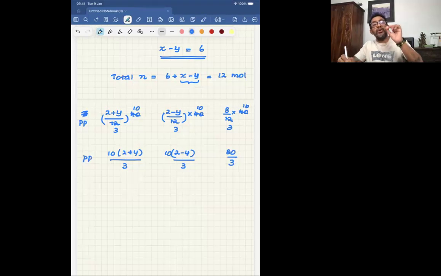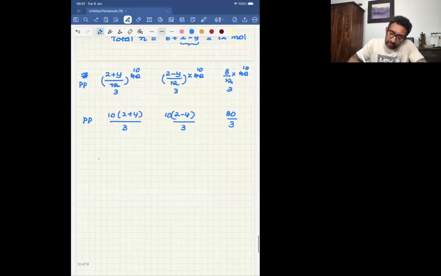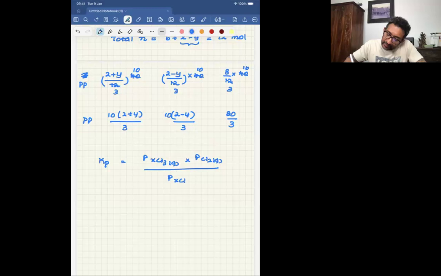For the partial pressures, now the equilibrium constant doesn't change if the temperature is constant. So now you apply it to Kp. Kp is equal to the partial pressure of PCl3 gas times the partial pressure of chlorine gas divided by the partial pressure of PCl5. You got this Kp as 40 divided by 3.